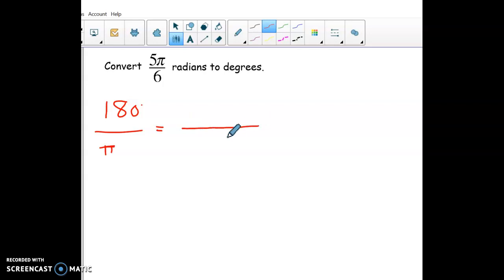Okay, so I'm going to do a proportion and say we have 5 pi over 6 radians, and we want to know how many degrees that is, so we're going to put x. There are many ways to solve these, but the way I generally do them is cross products. So we take pi times x and set that equal to 180 times that fraction.